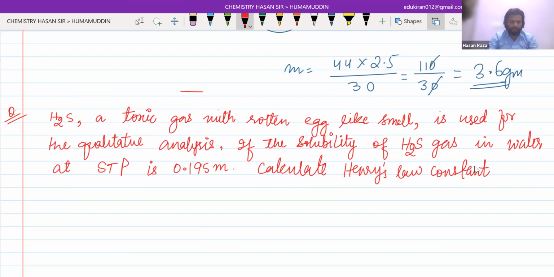Will you be able to solve it? First of all, at STP, I'm going to give you hints. At STP, the pressure will be equal to 0.987 bar. I have taken it in bar, but you can also take it in atm, that is equal to 1 atm.